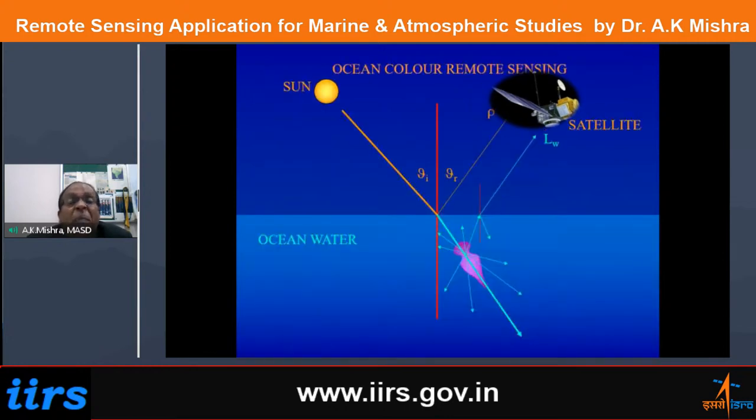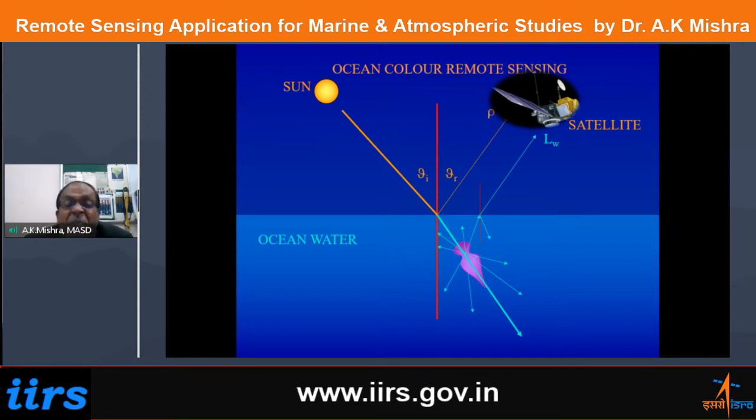So what is happening when light is falling on the ocean surface? Part of it is reflected back to the satellite sensor from the surface, which is known as Fresnel's reflection or specular reflection. The remaining light enters the water column, and while passing through it, gets successively absorbed or scattered.